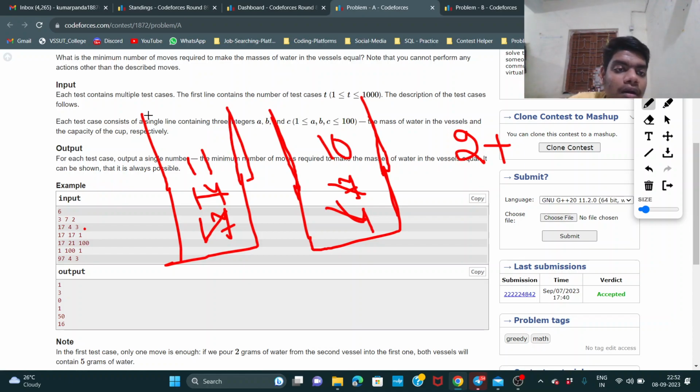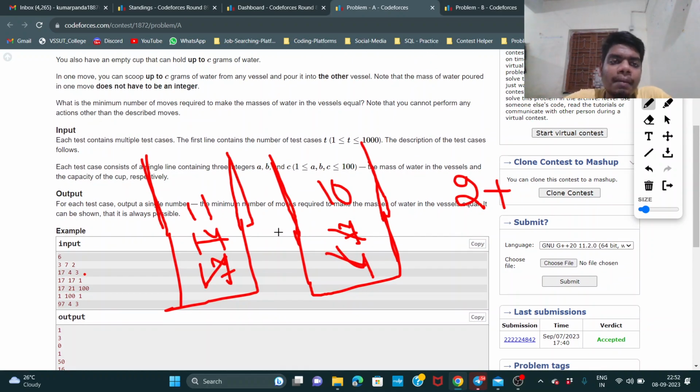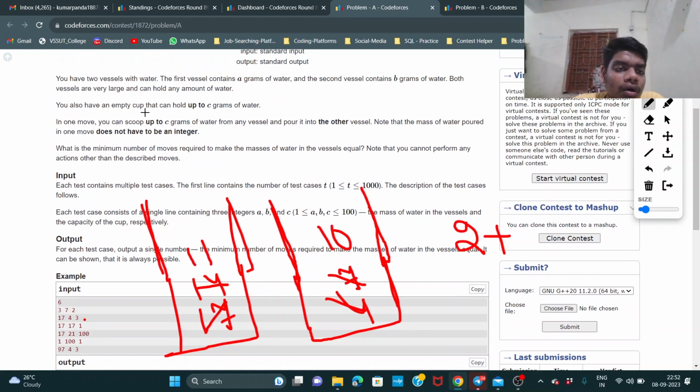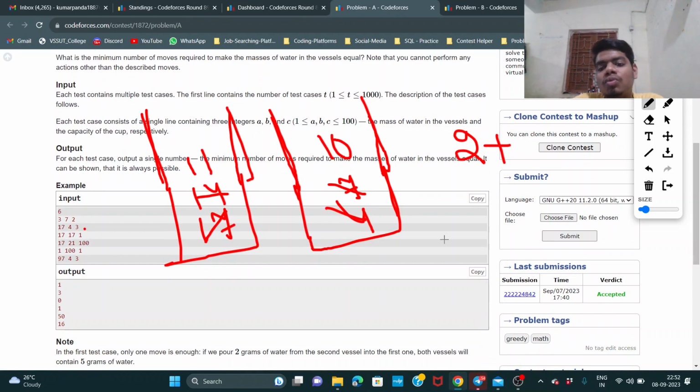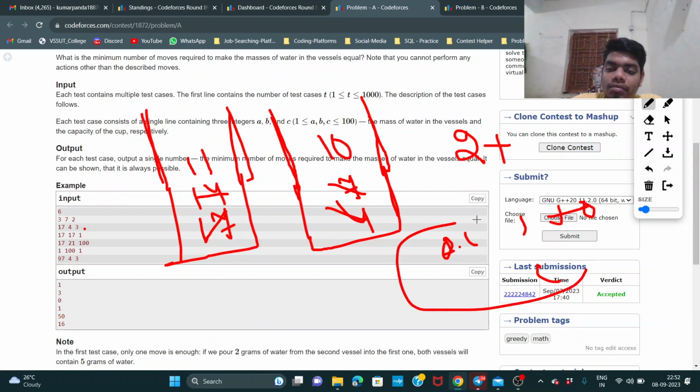Now see, we need one more move, because in the problem statement they have mentioned that an empty cup can hold up to c gram. It is not that it is exactly c gram. You can take 0 point something up to c gram.